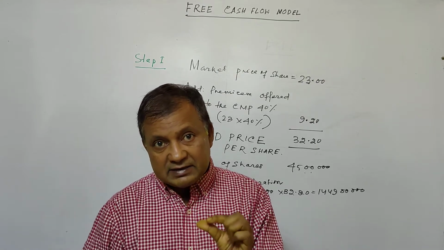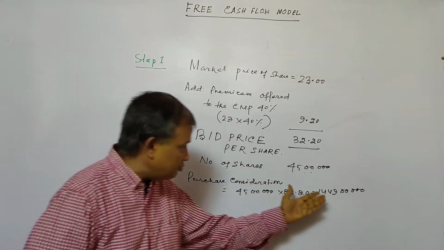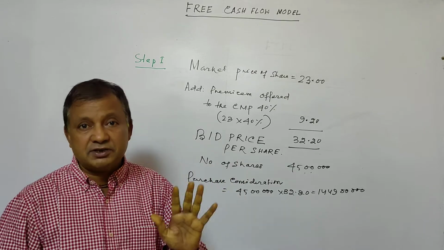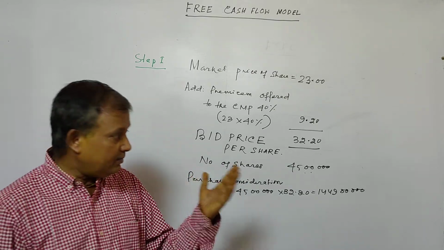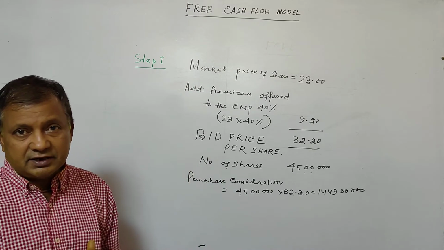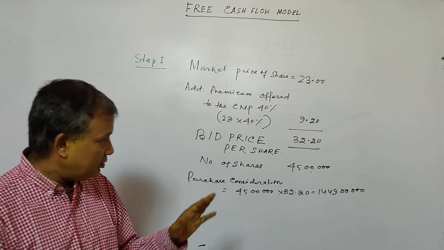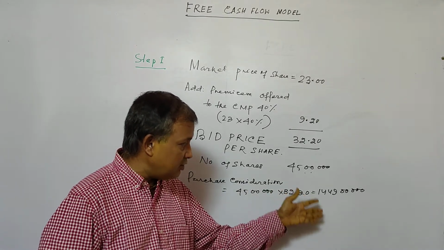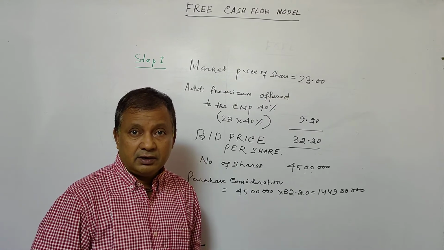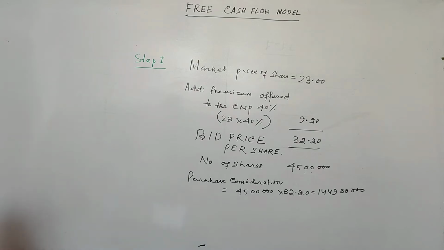If that intrinsic value is more than the purchase consideration, we should purchase the business. If the intrinsic value is less than the purchase consideration determined here, then Q Limited should not purchase the business of P Limited. So we shall discuss all this in the second step.